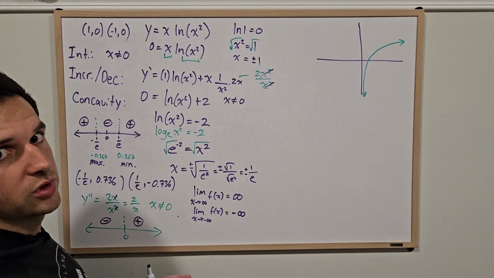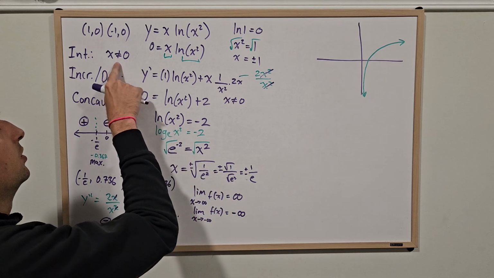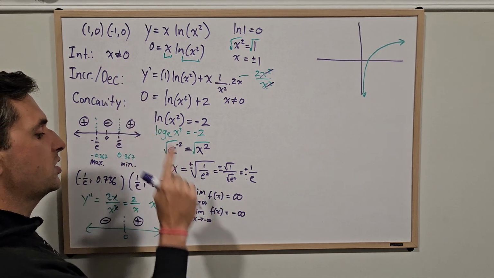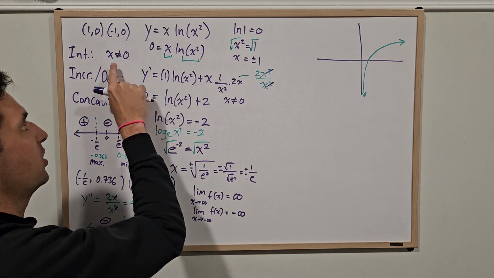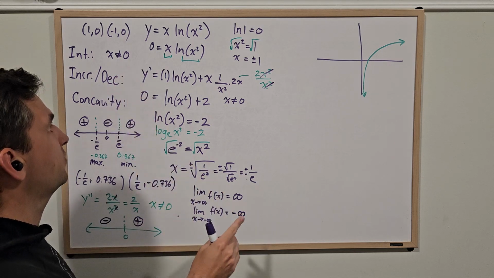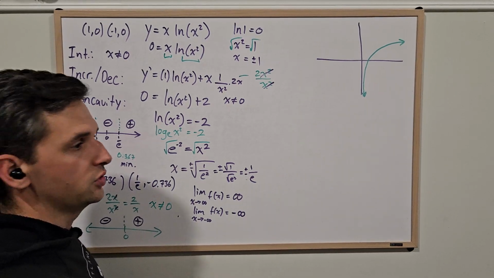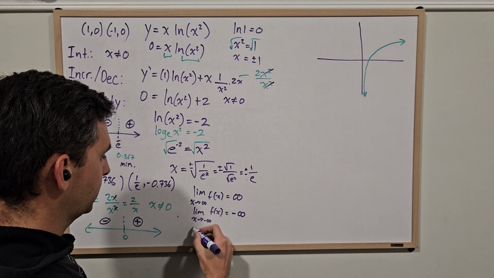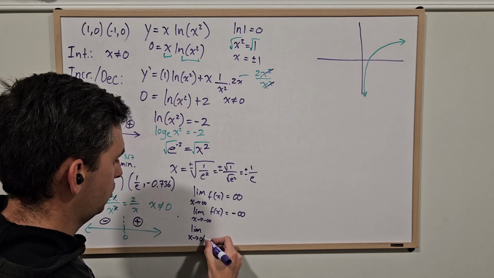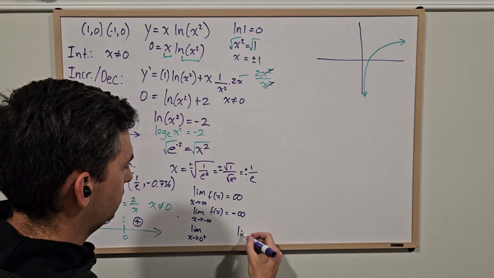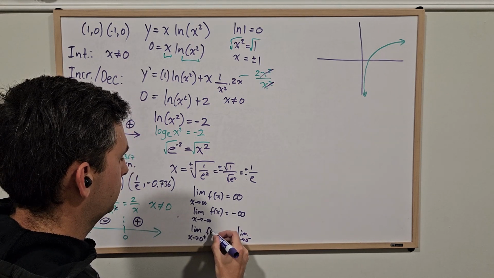One more thing we have to be really careful with here is this x cannot equal 0 value. So I want to see what's going on. What's my behavior like as my function is approaching this? Is it going towards infinity? Or is it going to be a hole? Is it the same from either side? Well, the limit as x approaches 0 from the right, and the limit as x approaches 0 from the left.